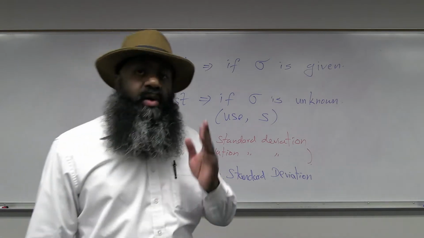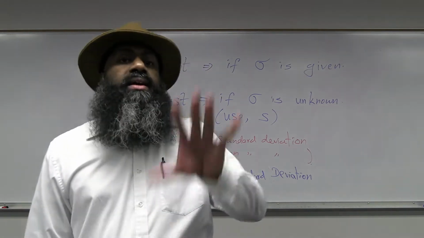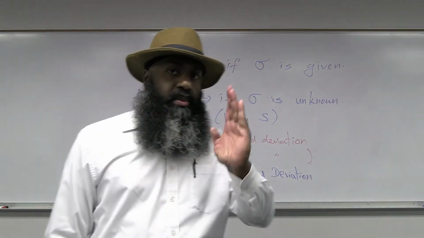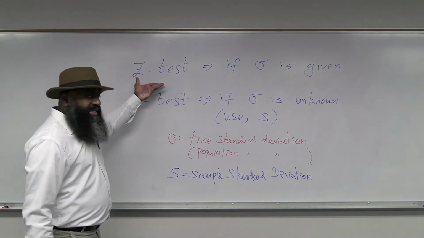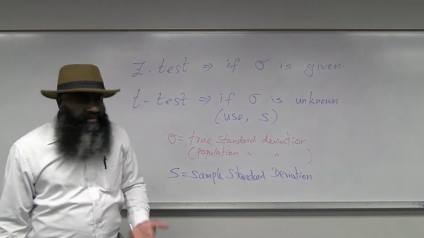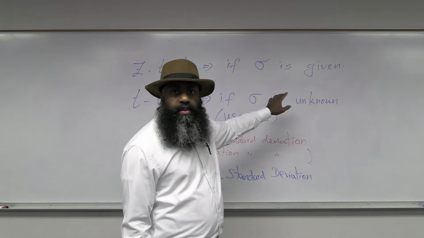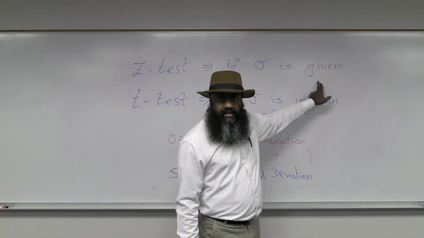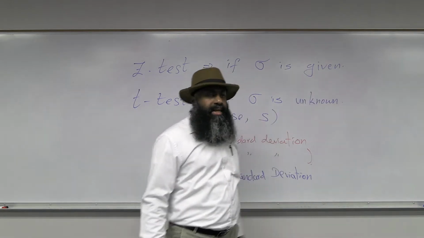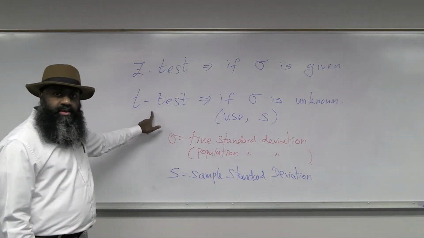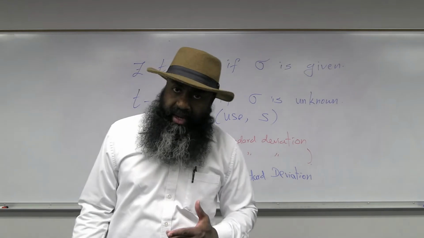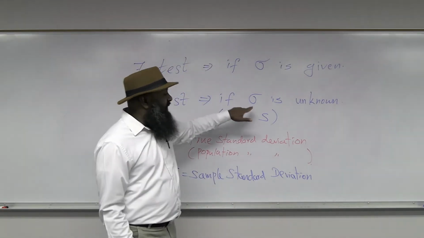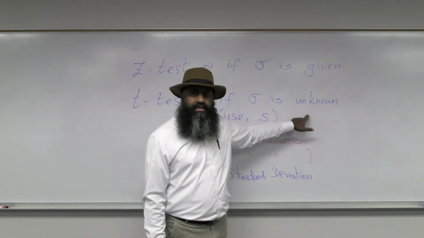Many students often forget when to use the correct test procedure. So let's be clear again. Select z-test if you are testing for a single population mean and sigma is given in the question. Select t-test if you are testing for a single population mean and sigma is not given in the question.